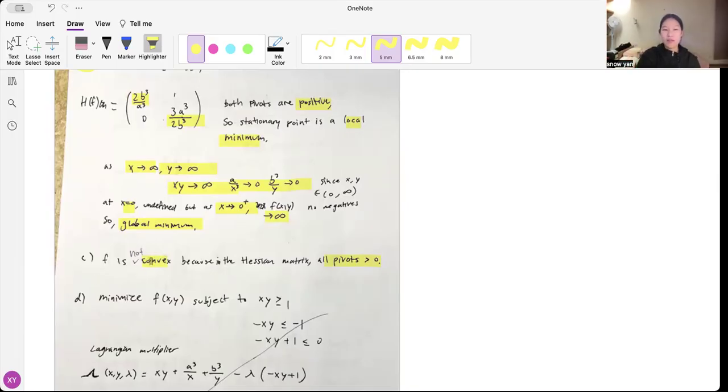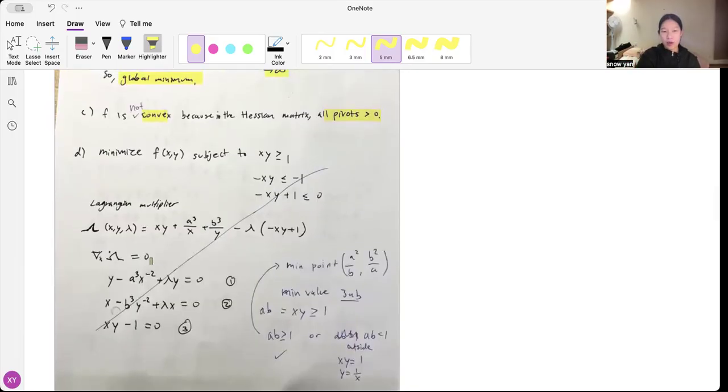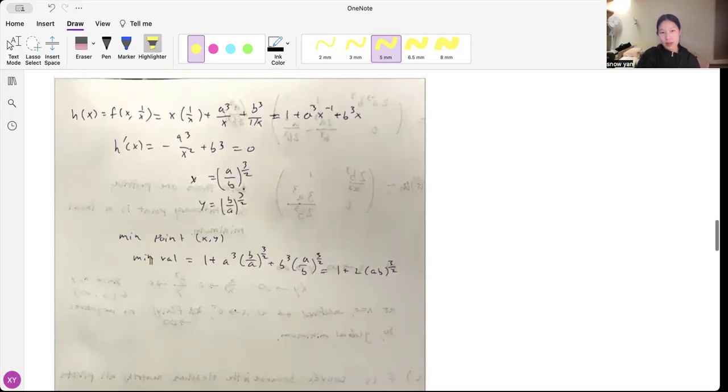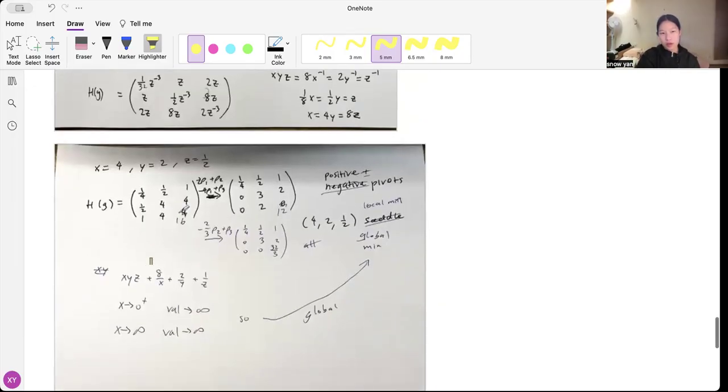So if we just see the Hessian function, it's not going to be the case that it's always going to be positive.